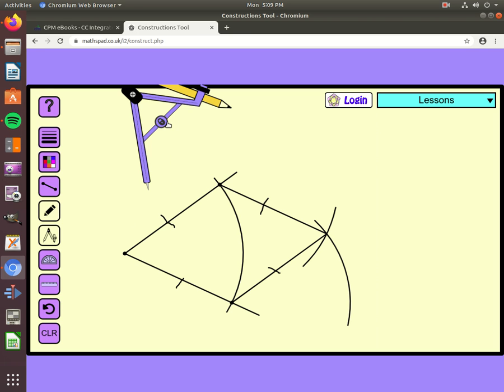I didn't move this arc. This arc has to be the same as this one, but it doesn't have to be the same as these two, but it's easier just to leave it the same and make them all the same, again, to make that isosceles triangle. So now if I go here, I can say, hey, look, side, side, side congruence, right? This triangle is the same as this triangle, and if that's the case, CPCTC says these angles are the same, and that's what I wanted to do, was cut this angle in half. So I've cut this angle in half.